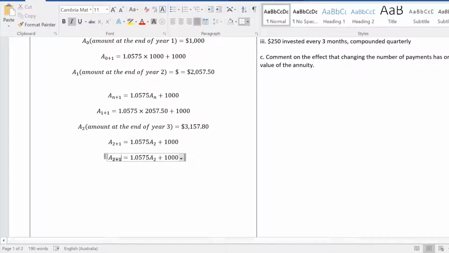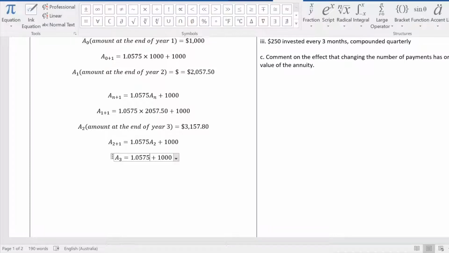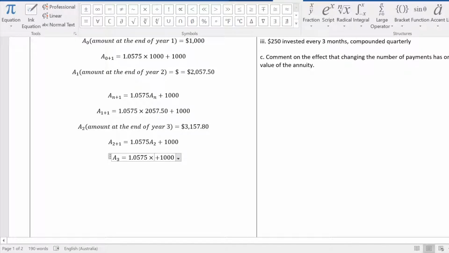So now we're working out A3. That's now going to be multiplied. A2, our value for A2 was 3157.8.